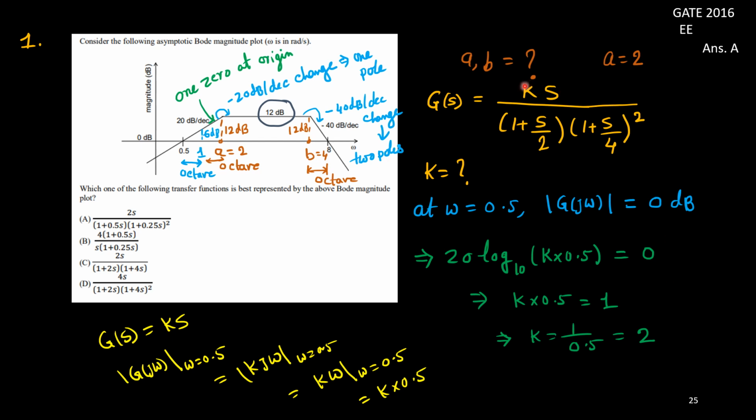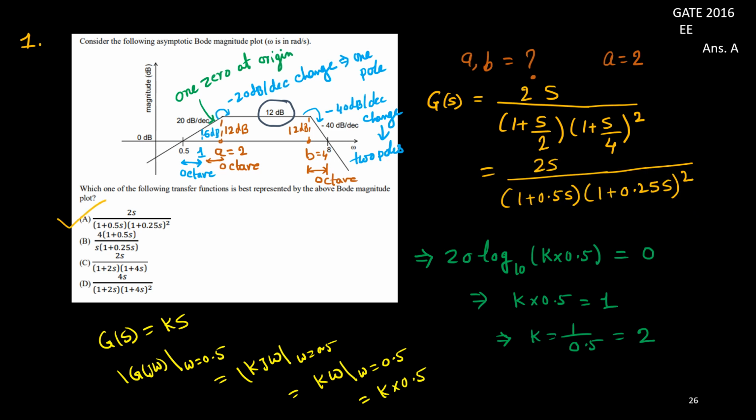So K is 2. Thus this is exactly correct. This K is also fine. So we have got everything for this problem. So this is 2s upon (1 plus 0.5s) multiplied by (1 plus 0.25s) squared. Answer A is correct.